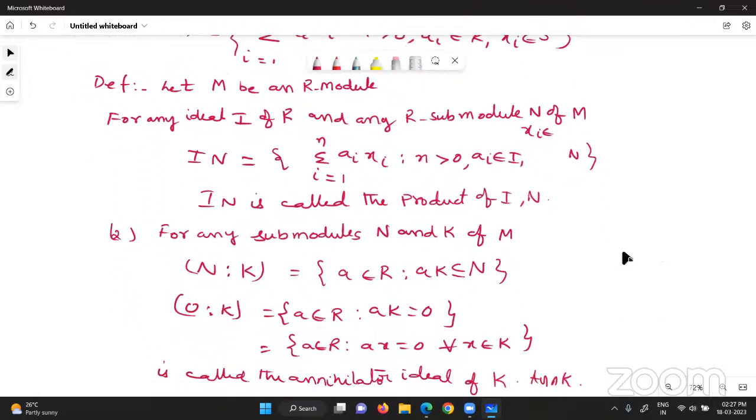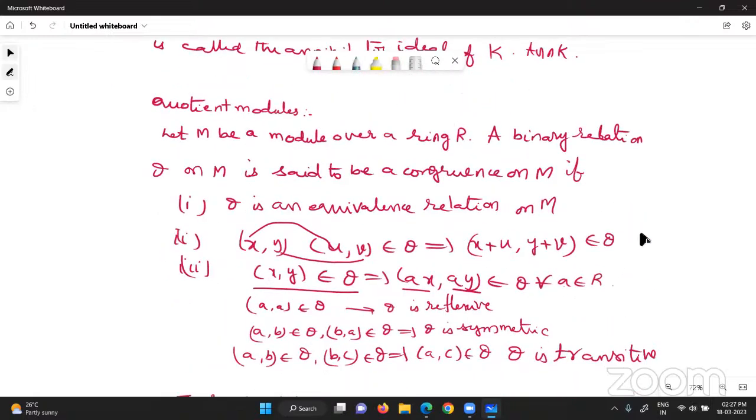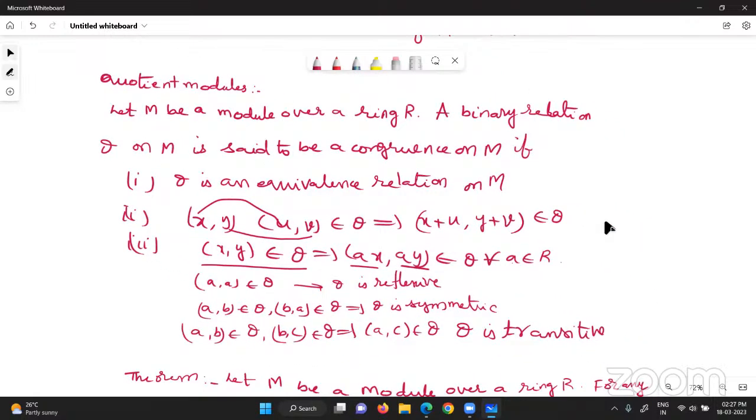One more important concept is linear combination of elements and quotient modules. Before going to quotient modules, you should be able to define a congruence. What do you mean by a congruence on M?